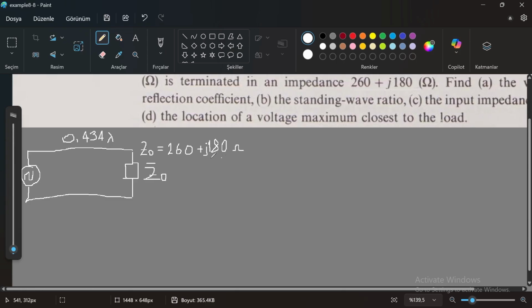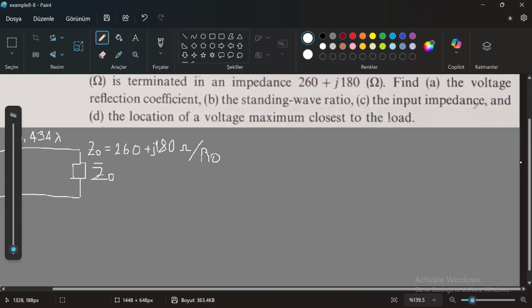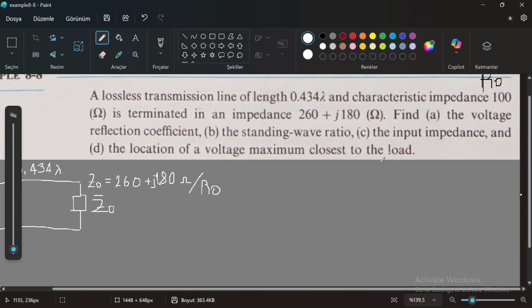So to normalize this, by the way, this is 2, not 1. Okay, to normalize this we need to divide this value by RO. We need to divide this by RO, which is 100. Okay, here it is 100 ohm.